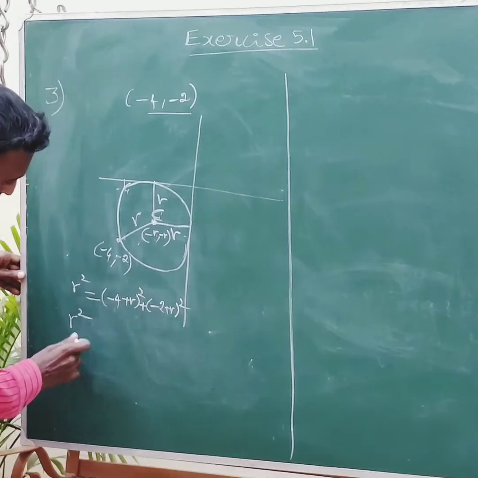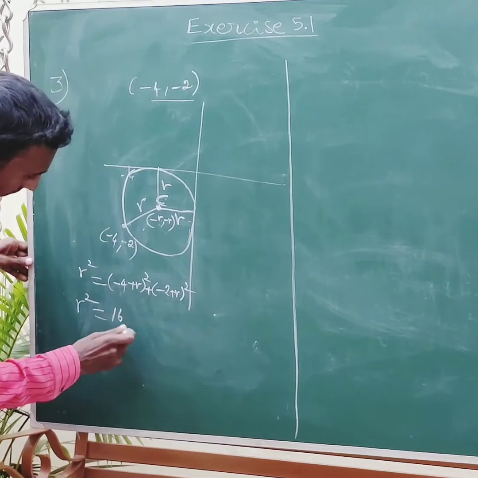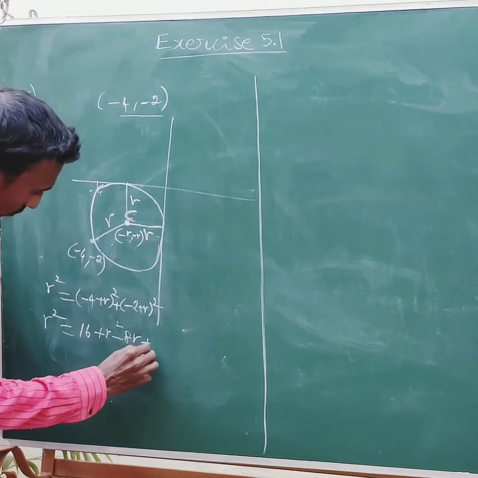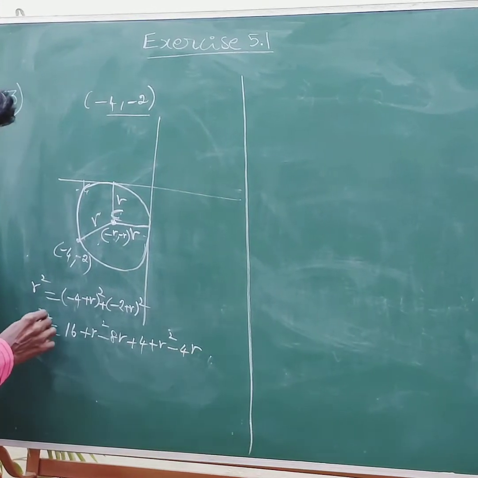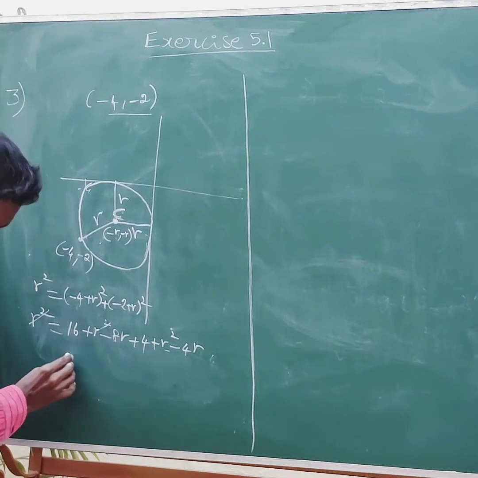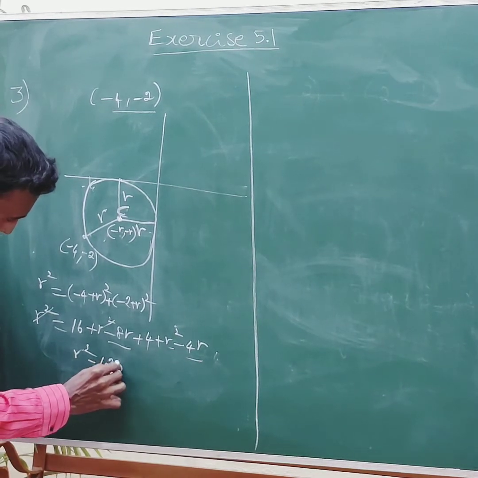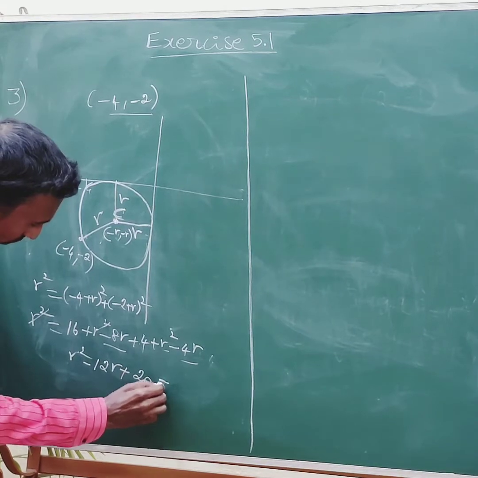We are getting r square equal to 16 plus r square minus 8r plus 4 plus r square minus 4r. So cancel one r square, and combine the r term: minus 12r, and the remaining constant term plus 20 equal to 0.